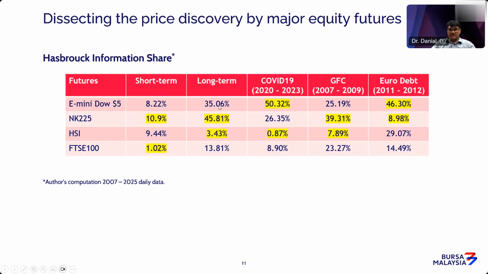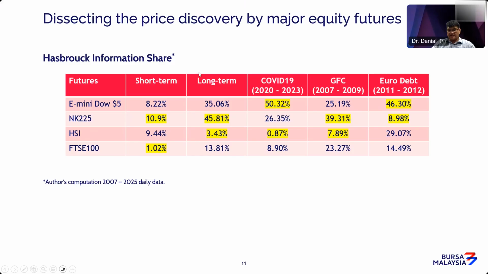For long term, we would say still Nikkei on average. On average 45% compared to Hang Seng 3%. We are still listening to the European markets in order to decide what we're going to do with KLCI futures. But the thing is, Nikkei 225 still contributes most of whatever happened in KLCI futures.